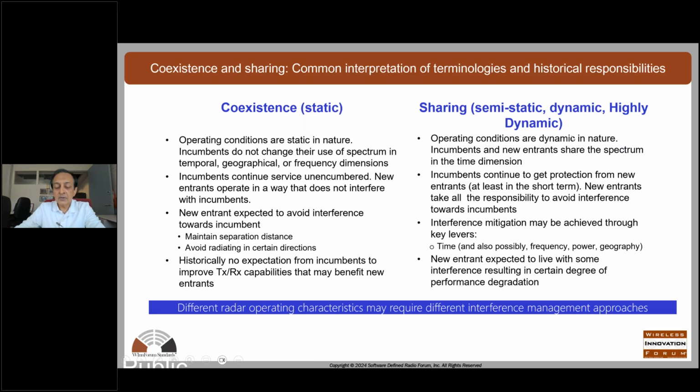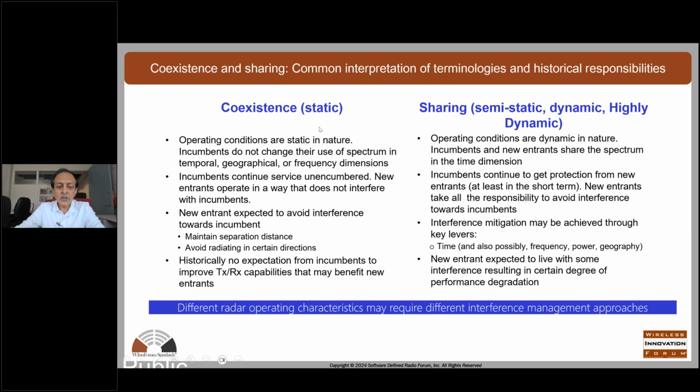Now, highly dynamic spectrum sharing is an activity we have taken up in Wireless Innovation Forum, and I'm going to distinguish it from the dynamic spectrum sharing that some of us may be associating with CBRS kind of thing. Why do we need this distinction? It should become clearer as we go along this presentation.